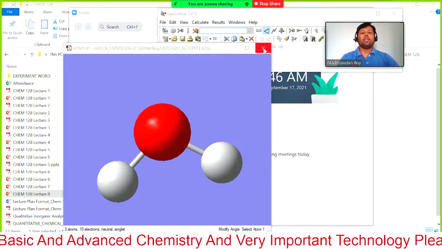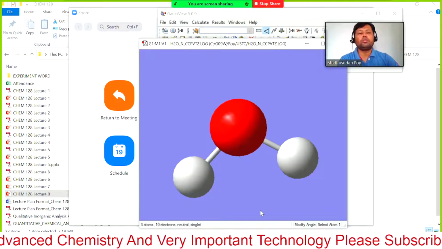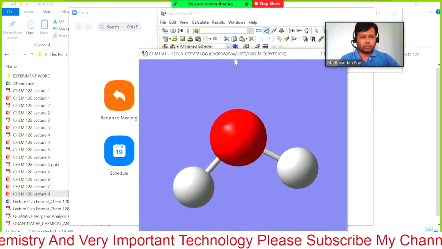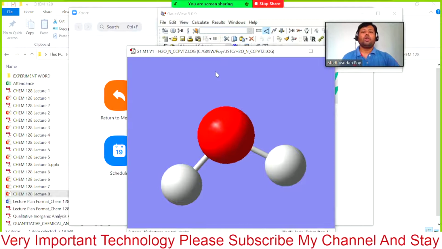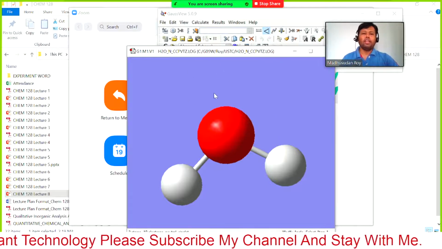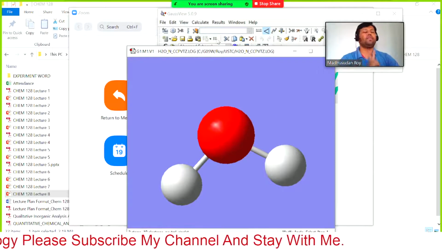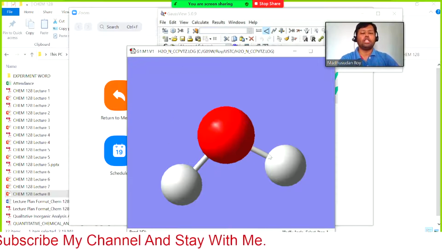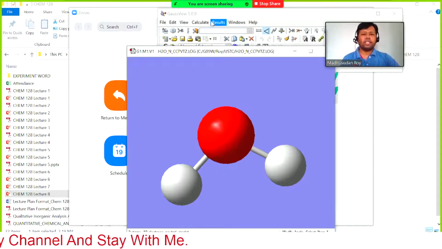Now let us find out the energy of this molecule from the calculation. This is the output file. We have two different ways to get the energy of this molecule. First, we can find the results.